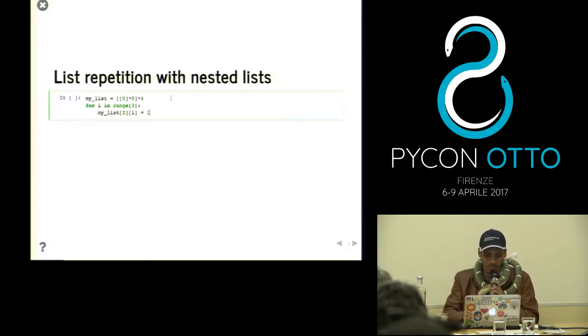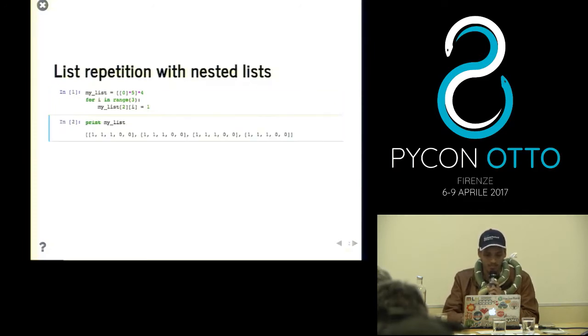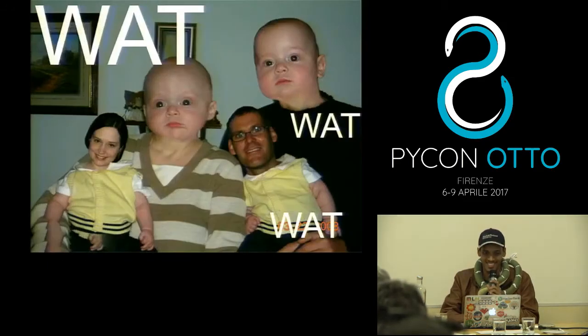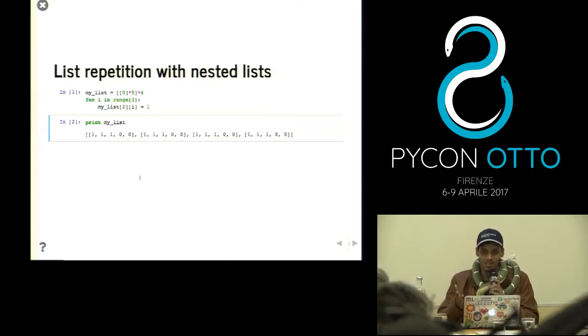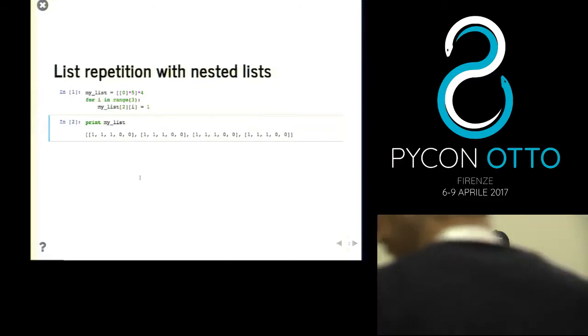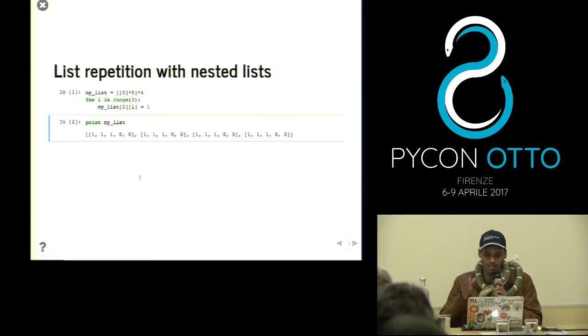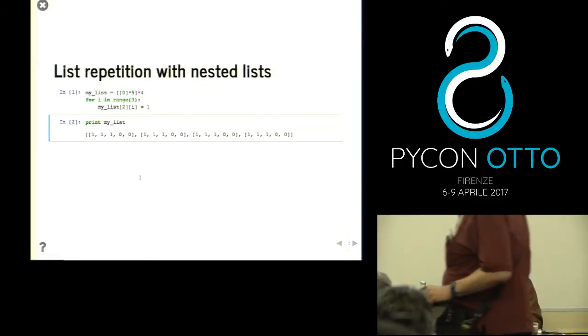Let's try this. OK, we are done. Let's print it. Do you feel like this? Yeah, because I created a list with 20 zeros, I just changed one row to become 11100, but it seems like everything is being changed.